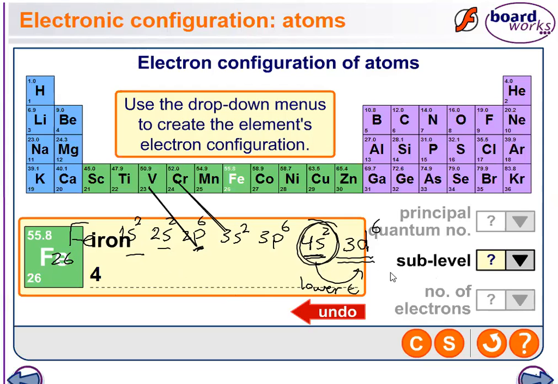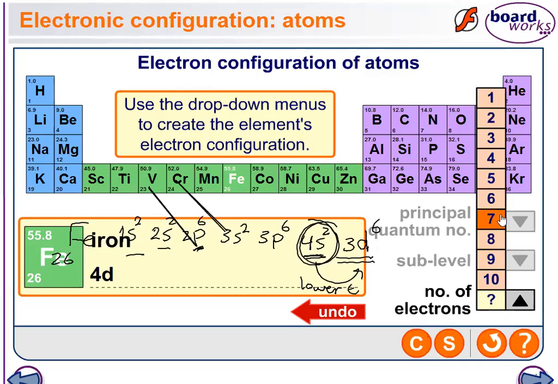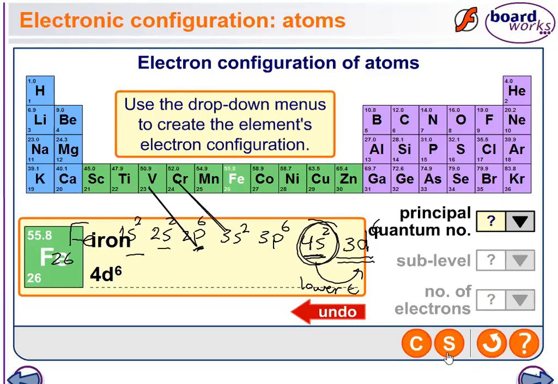We end at block d. The last sub energy level is d, yes or no? And the number of electrons in it will be 6.